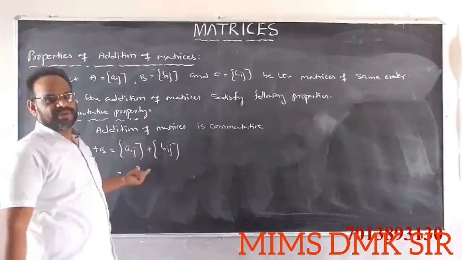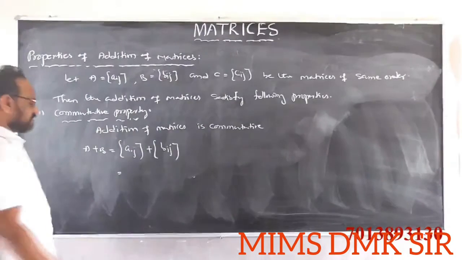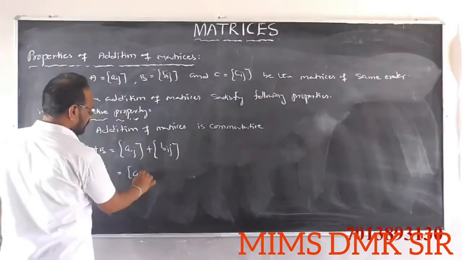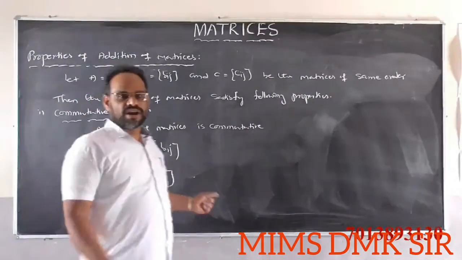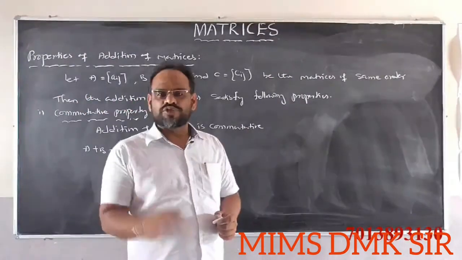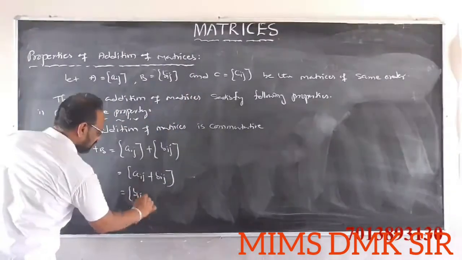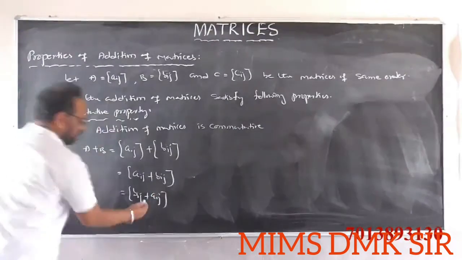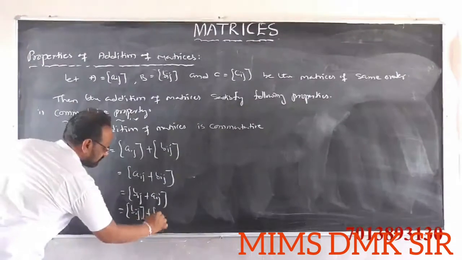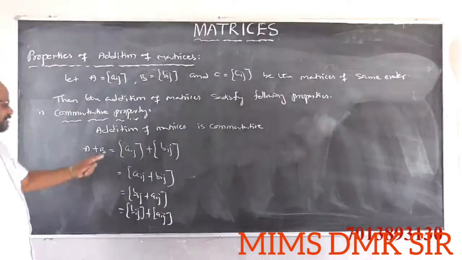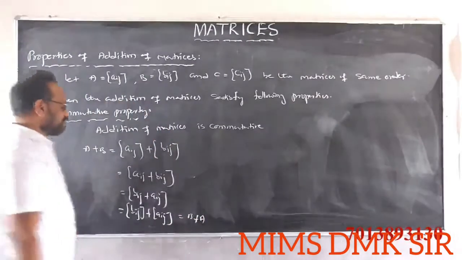So Aij plus Bij gives a matrix of the same order, that is C. Already we know that A plus B is equal to B plus A, so this can be written for our convenience as Bij plus Aij. If you separate these elements, we get Bij plus Aij. So A plus B is equal to B plus A.